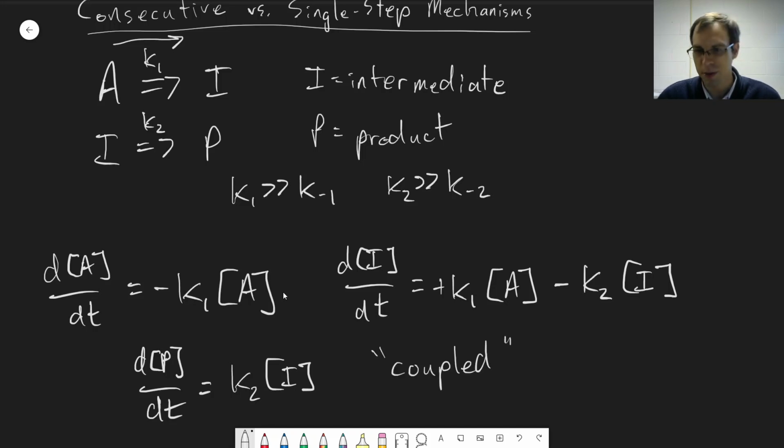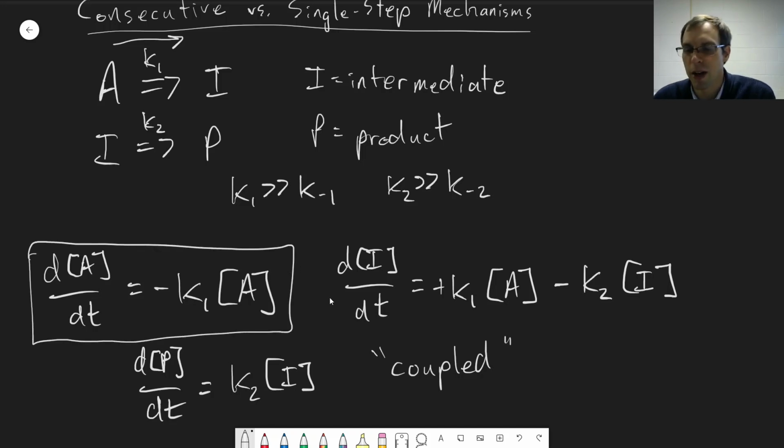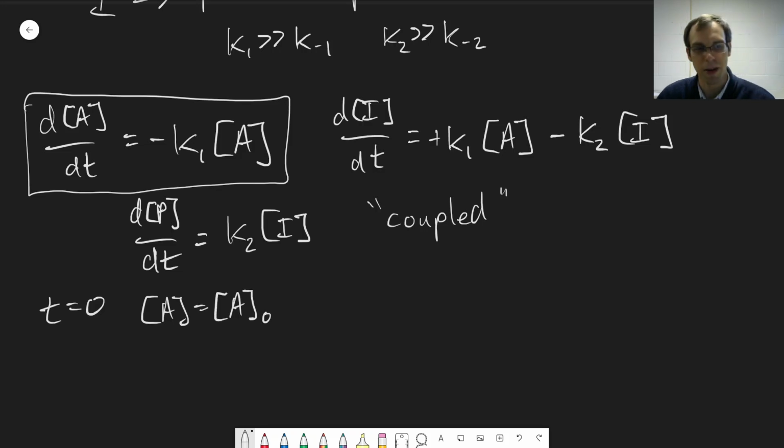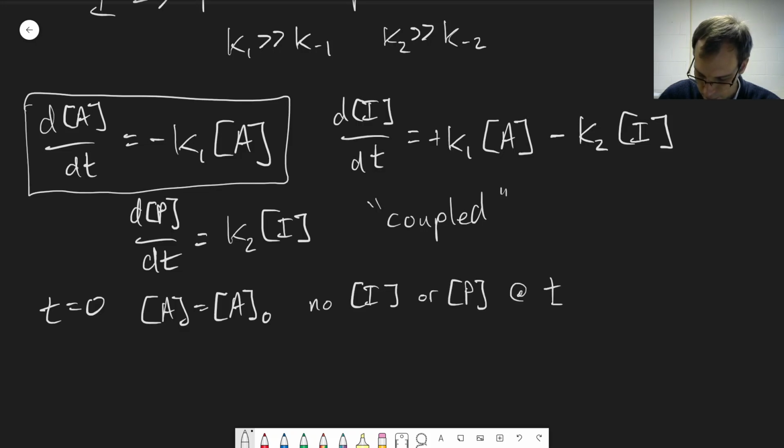And these are solvable. The first one here, we've already solved. This is just a first order rate equation like we had in the last chapter. Given some specifics, we need to know specifics. So assuming that at t equals 0, the concentration of A equals A naught, so we have to have some initial concentration, and that we assume there's no I or P at t equals 0.